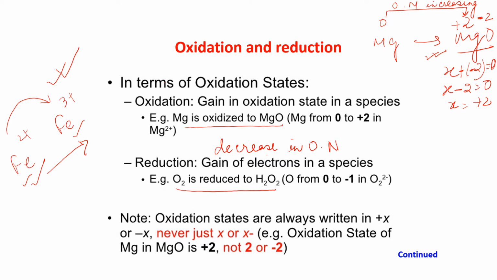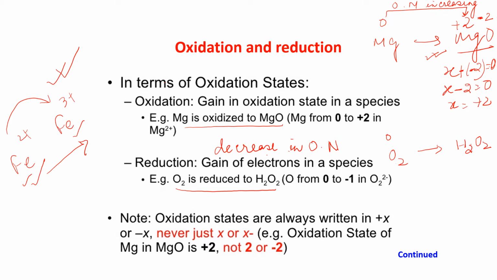How is it reduction? Now O2 is a molecule, it is uncombined, it is in the 0 oxidation state. Now in H2O2, how to calculate the oxidation number of oxygen? The oxidation number of hydrogen is +1.